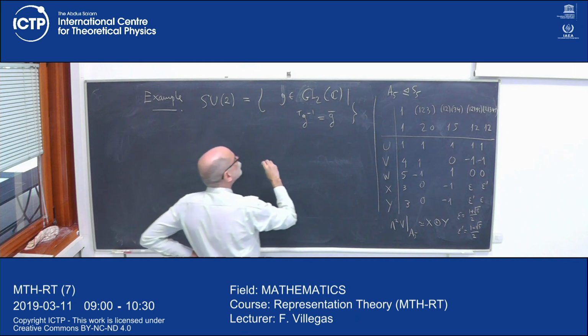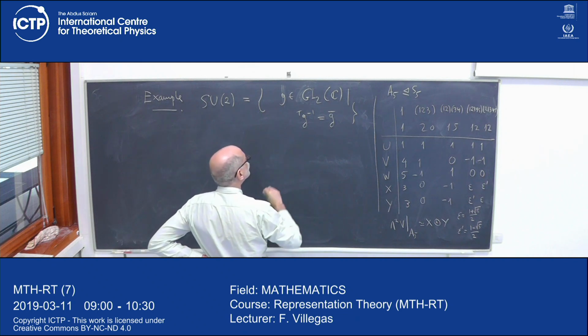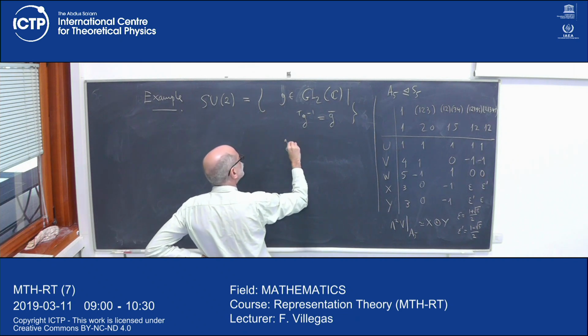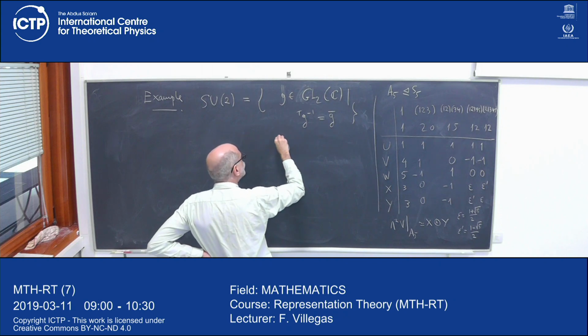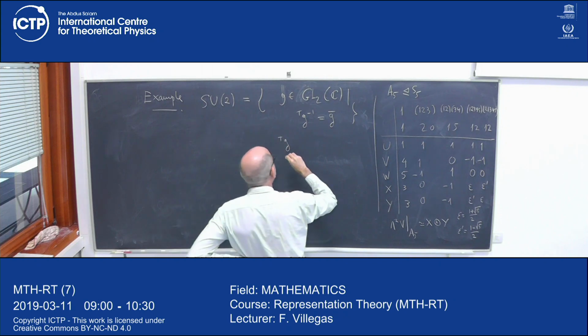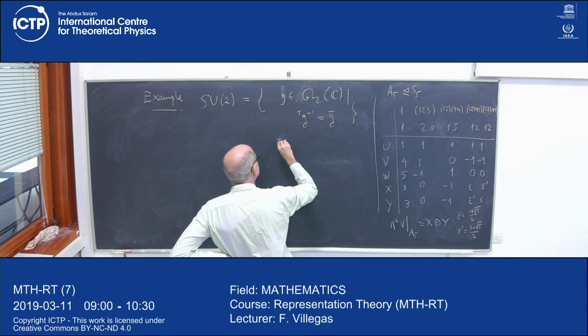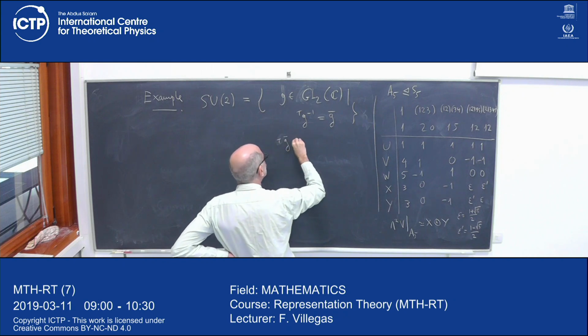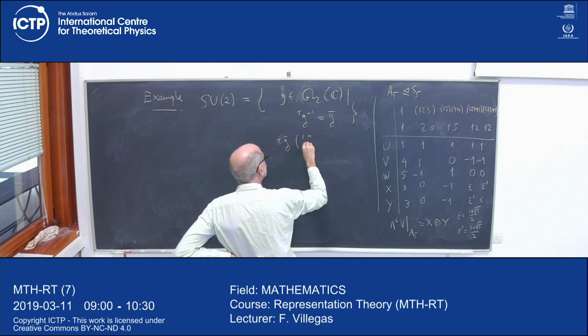So, well, what we can think is that this is G transpose conjugate times the identity matrix 1, 0, 0, 1.